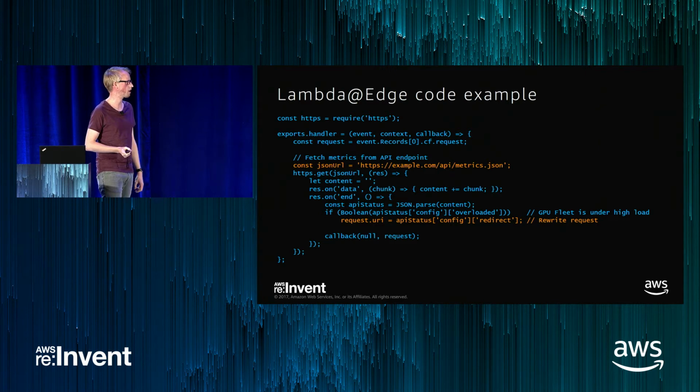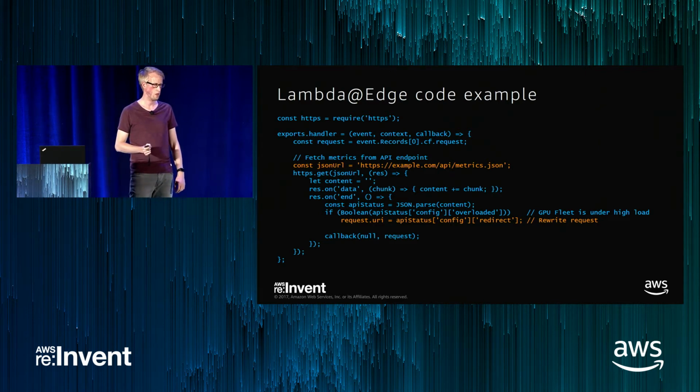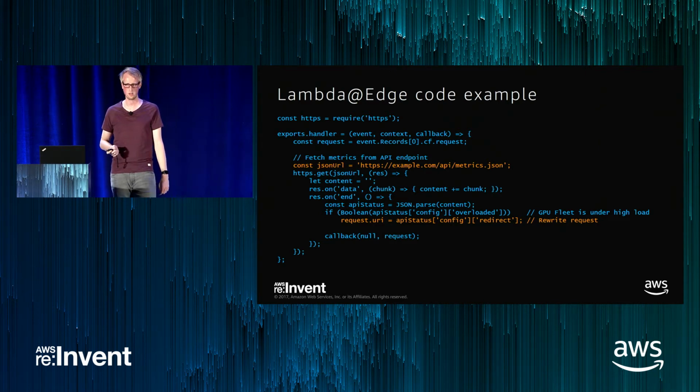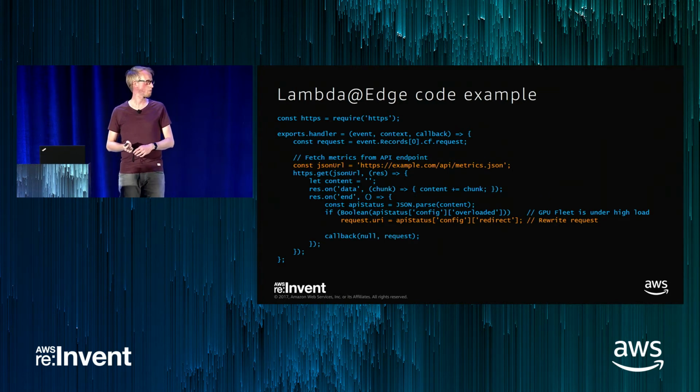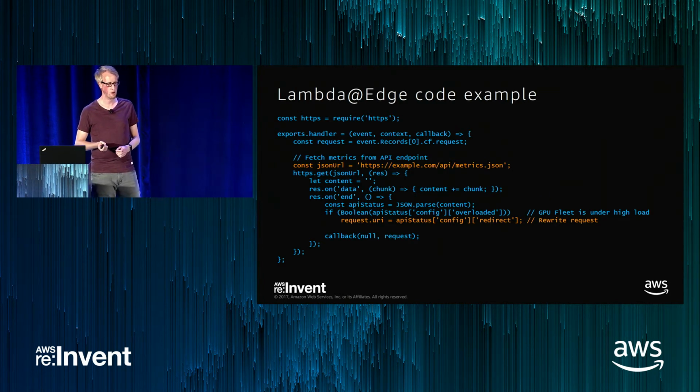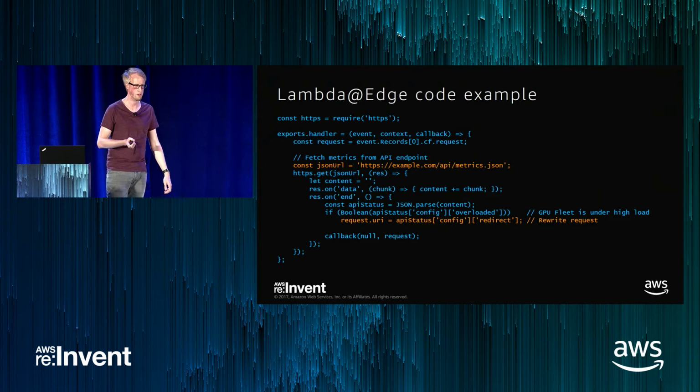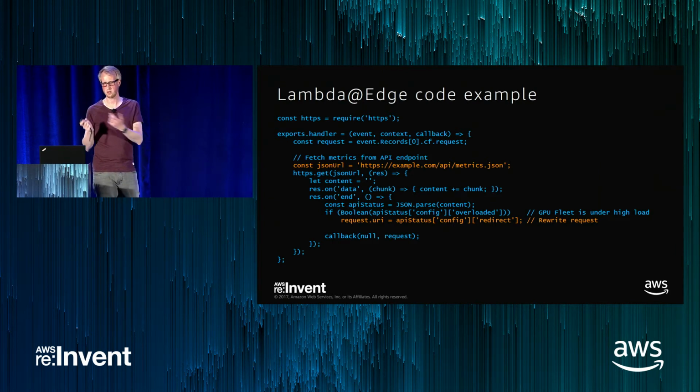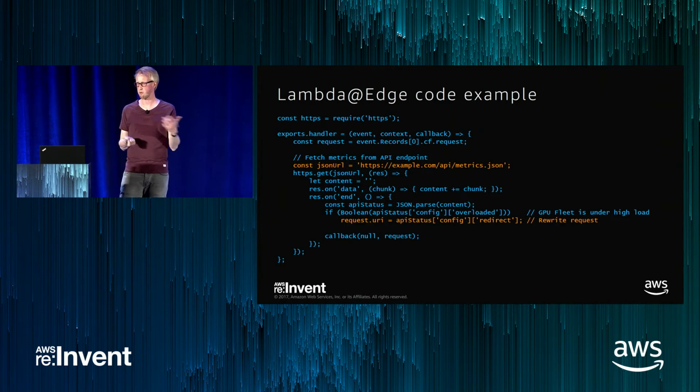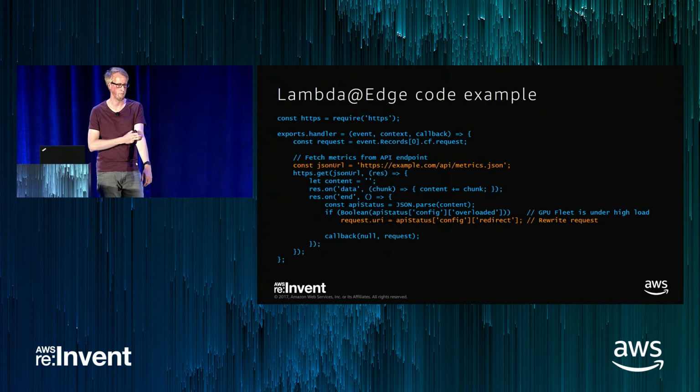It's just a couple lines of JavaScript code we need. So all I need is this simple Lambda function. I'm simply calling my metrics endpoint, and here it's just something which returns JSON. Then I just parse this JSON, and I just check if the overloaded flag is set to true. And I can decide freely when I will consider it to be overloaded.